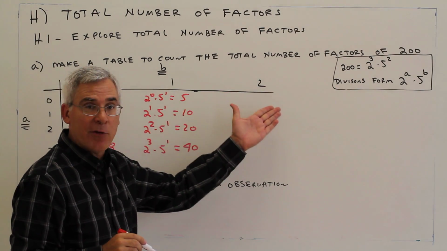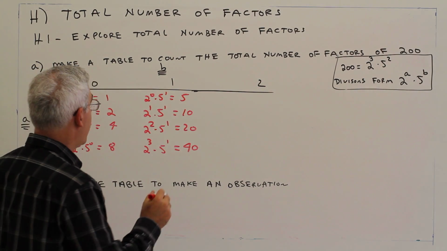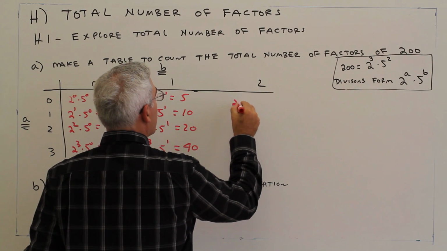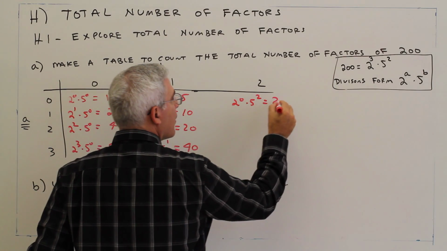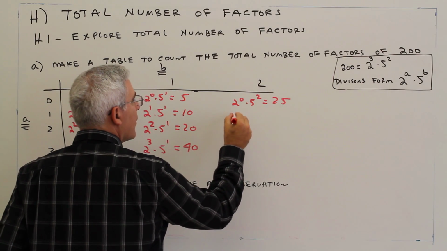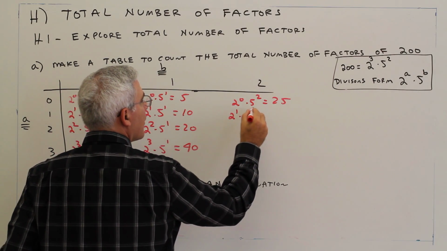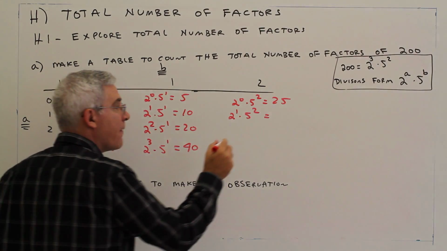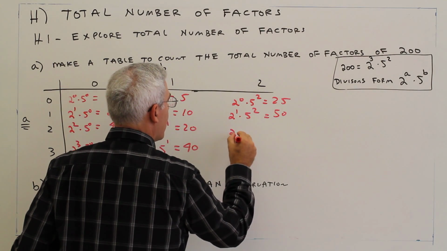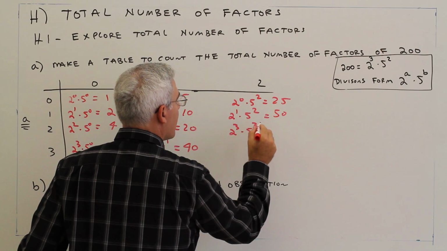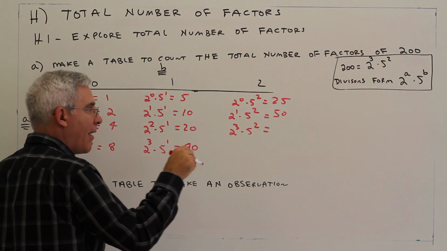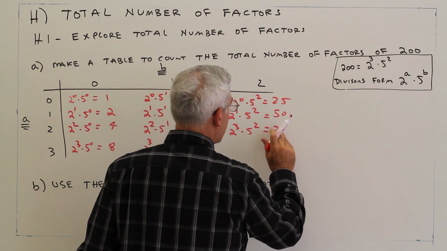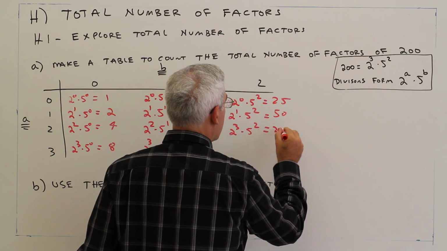Now let's let the b value be 2 and complete the table. 2 to the 0th times 5 squared, 25. 2 to the 1st times 5 squared, 50. 2 cubed times 5 squared, that's 8 times 25, 200.